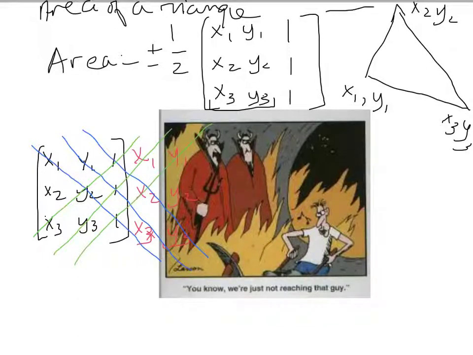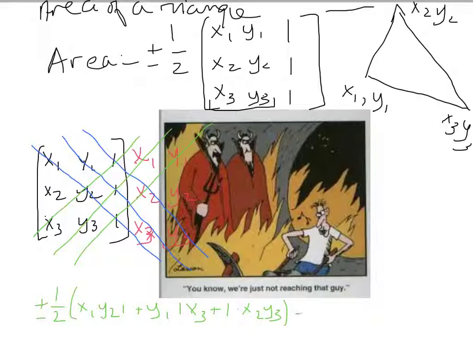And so when I do this, it'll look like this. I will have plus or negative 1/2 times x1, y2, 1 plus y1, 1, x3 plus 1 times x2, y3.